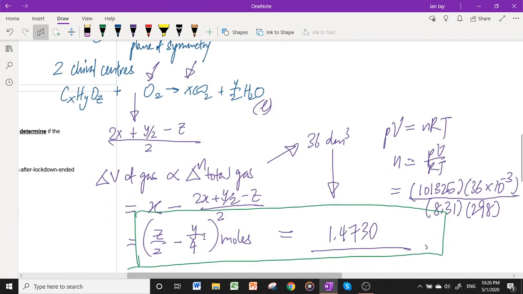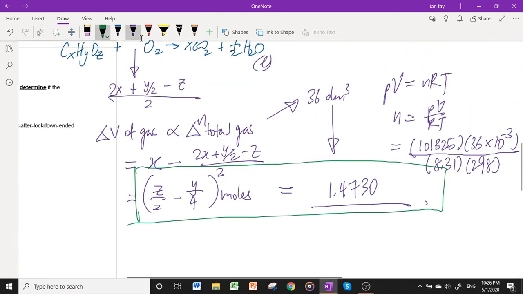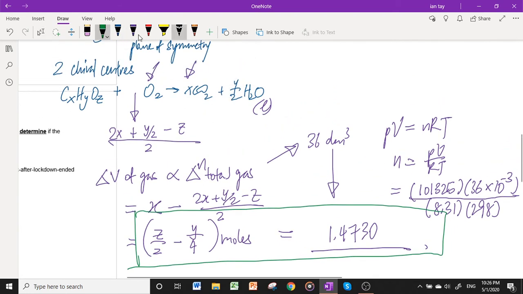So this means that y over 2 moles of H2O corresponds to 54 grams. So the number of moles is 54 divided by 18, the Mr of water, which will give 3 moles.